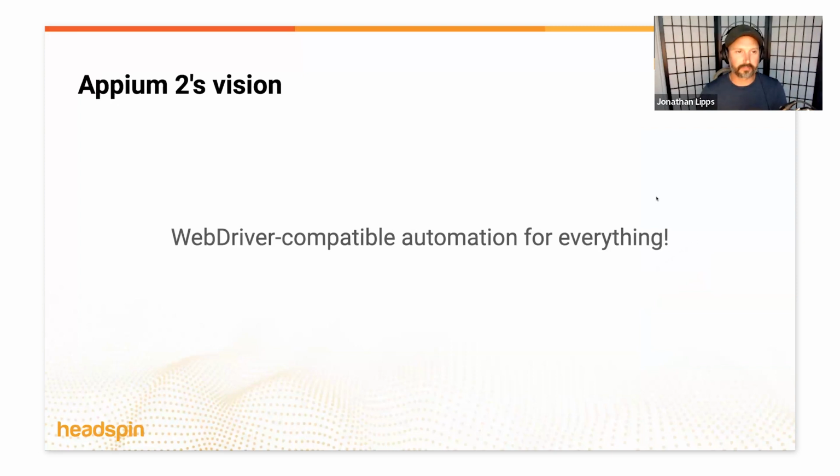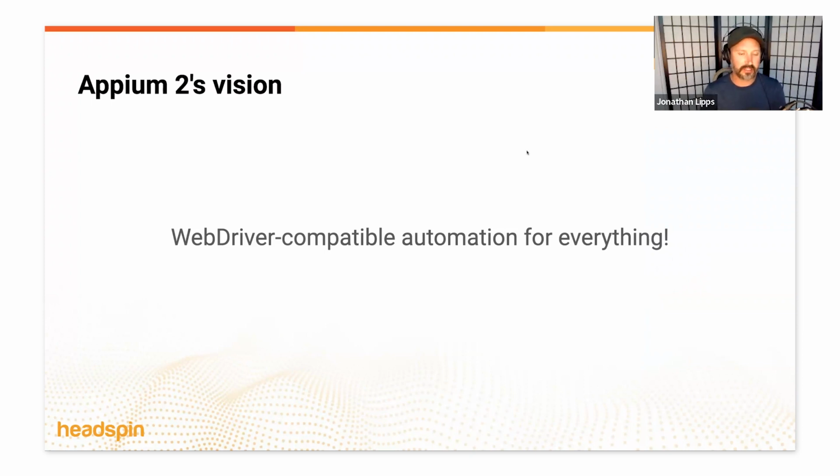All right. So what was Appium 2? What is Appium 2 all about? The vision is pretty simple to express. It's that every software platform should have some kind of WebDriver compatible automation.